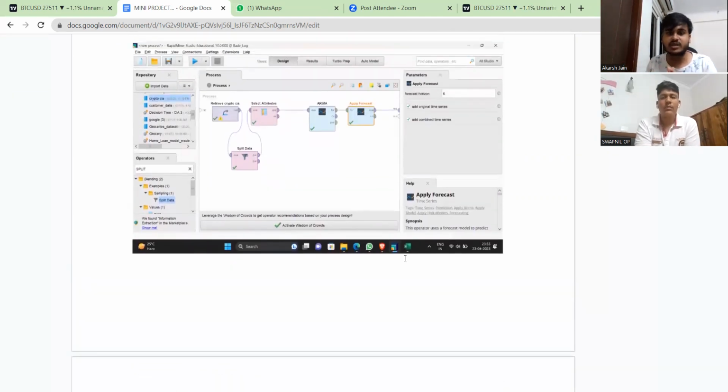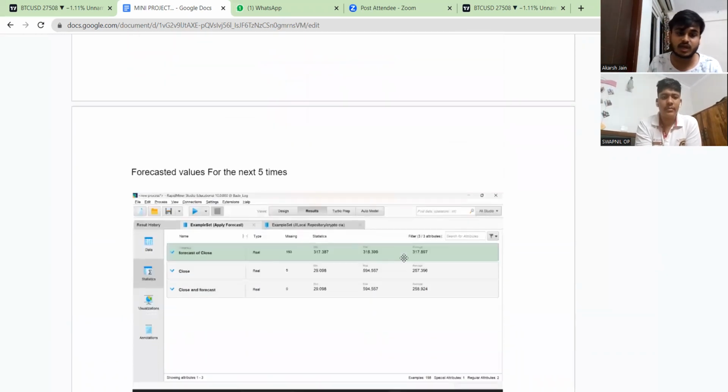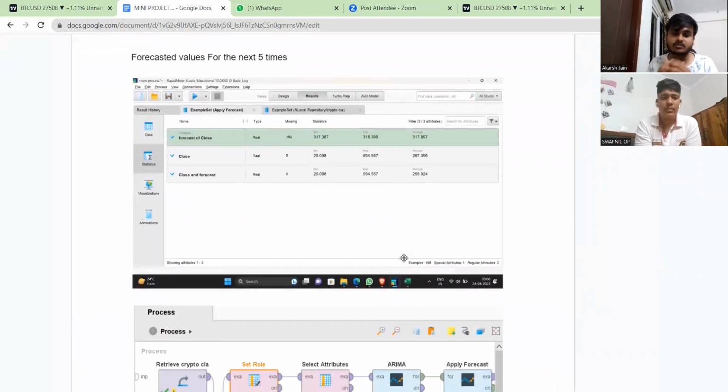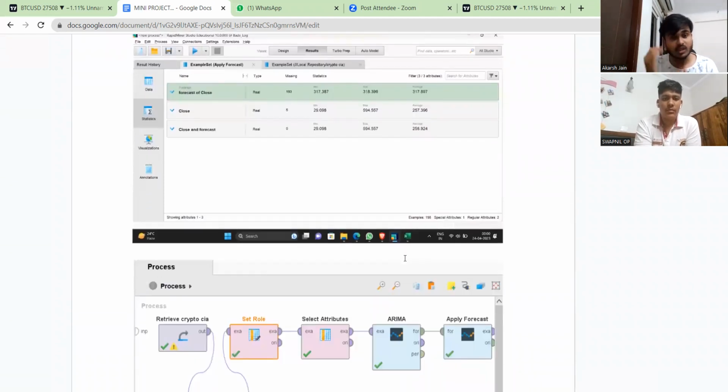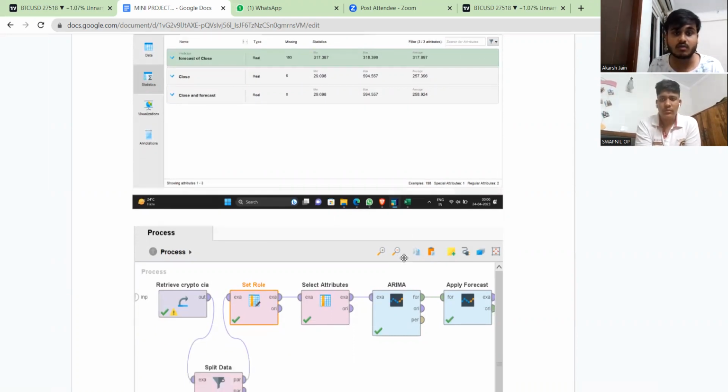It was tested first and then run using the ARIMA model, and the forecasting was done for the prices for the next 5 months. These are the basic forecasts, which were approved and passed, which are the real ones.